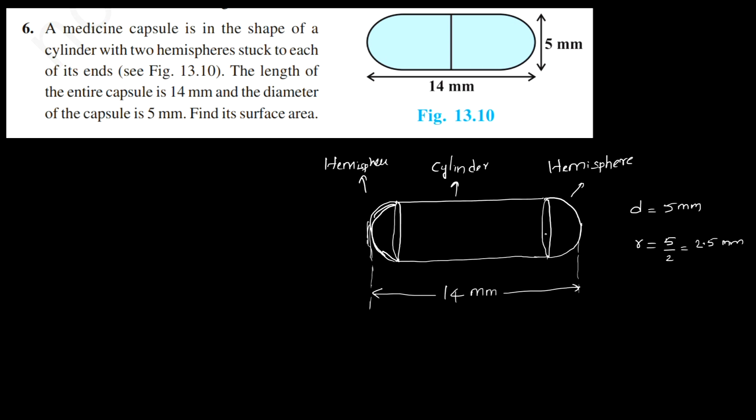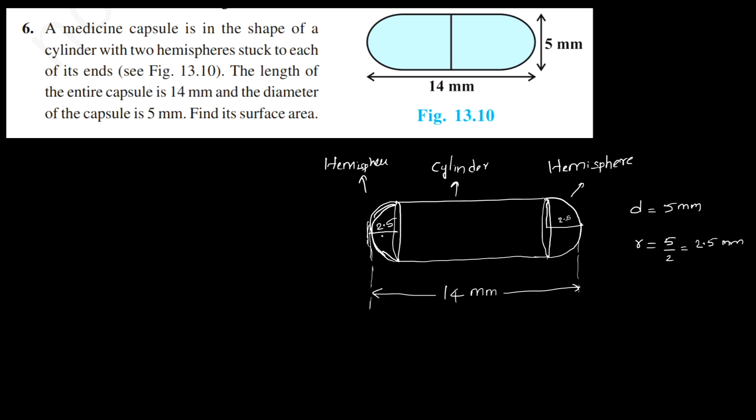Now we know that for a sphere or hemisphere we have only one dimension, that is radius, and it is constant from center point to any point on the circumference. That means from center we know that it is 5 by 2, and this will also be 5 by 2. ఎందుకంటే స్పియర్ కానీ హెమిస్పియర్ కానీ రేడియస్ అనేది కాన్స్టెంట్గా ఉంటుంది కాబట్టి ఇది 5 by 2 అయితే ఇది కూడా ఏమవుతుంది మనకి 5 by 2. దట్ మీన్స్ 2.5, and it will also be 2.5.